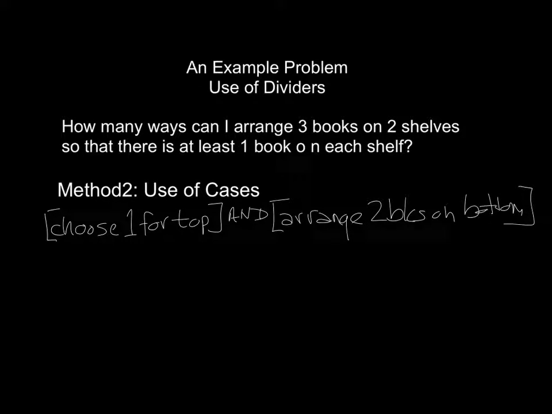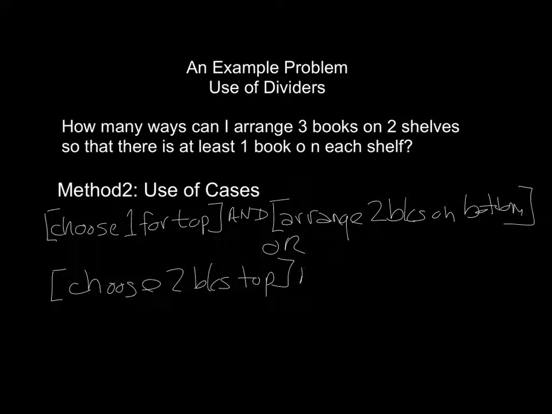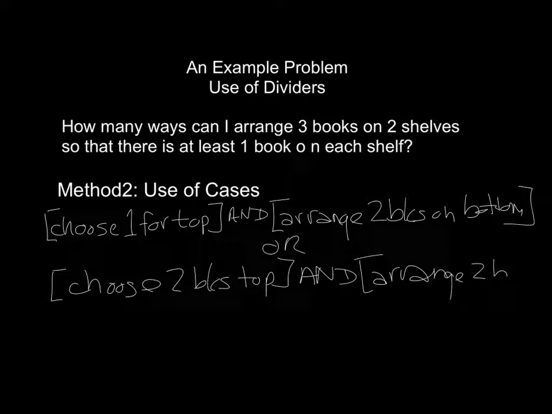The other case is we'll choose 2 books for the top shelf, and we'll arrange those 2 books on the top shelf. And essentially, we're left with 1 book on the bottom, which we don't need to arrange.